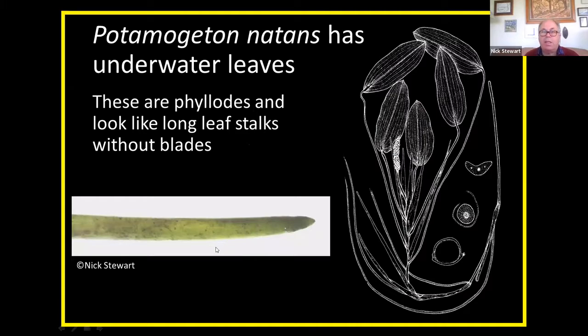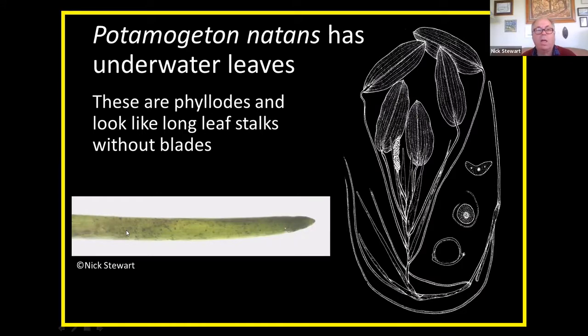Now, Potamogeton natans does actually produce underwater leaves, but they just don't look like underwater leaves. What they do is they produce what are called phyllodes, which basically look like very long stalks for floating leaves, for leaf stalks. They're quite solid in texture, and it's illustrated quite nicely here.